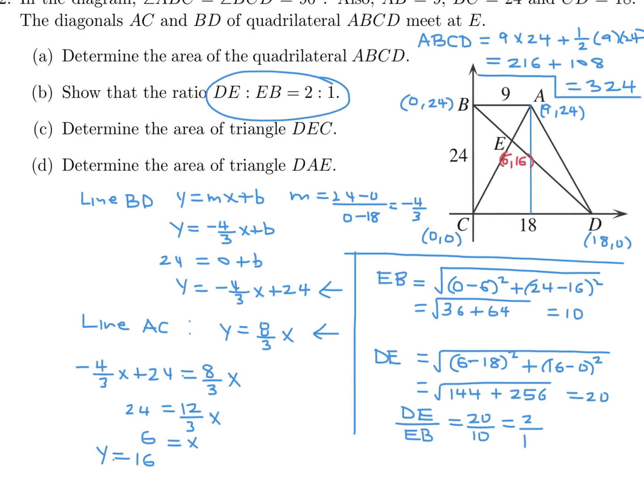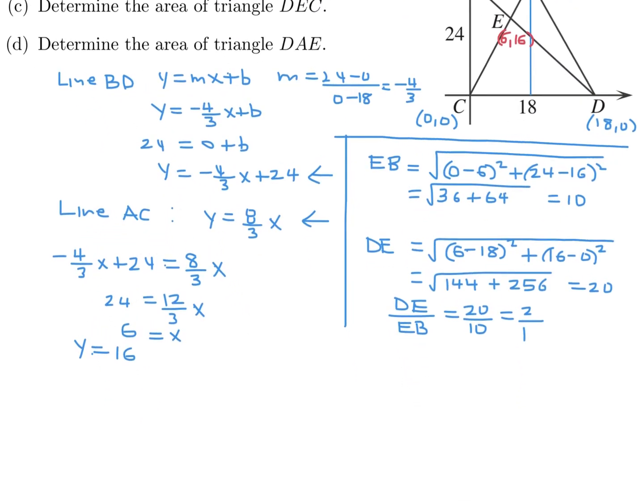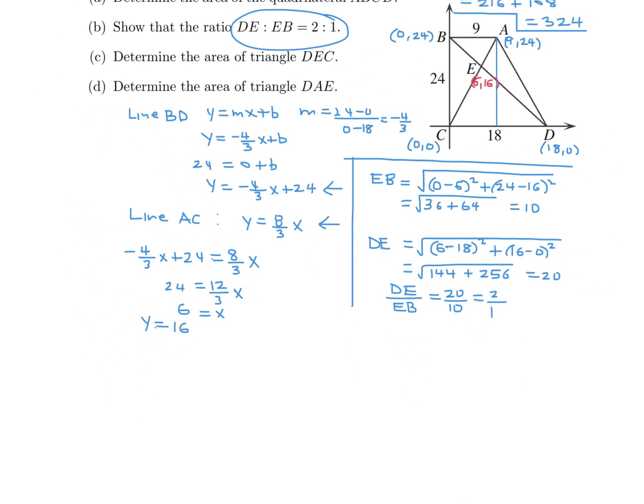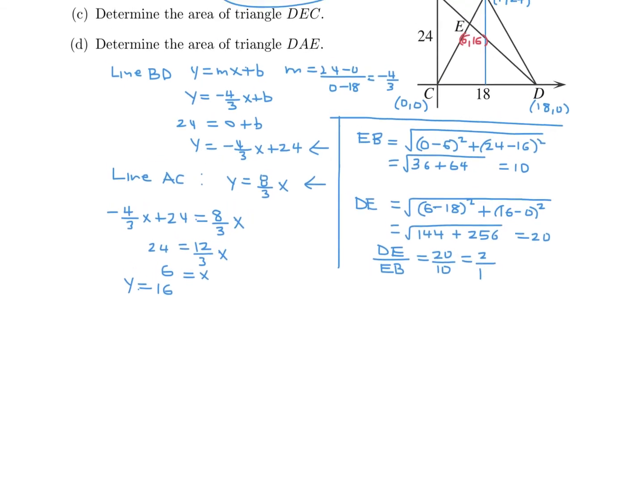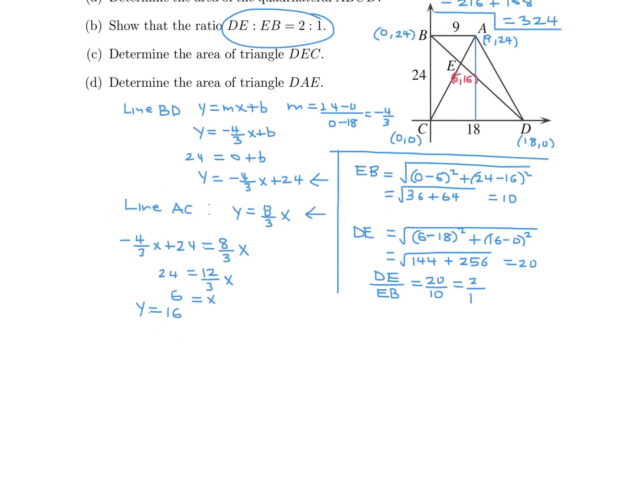All right, moving right along. Now we're up to C here. Okay, I think I need some space. Okay, I think I should be able to fit it in. C, determine the area of triangle DEC. All right, so DEC, that's that. Okay, that shouldn't be a problem.